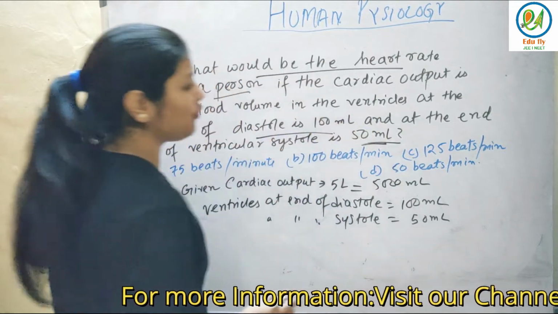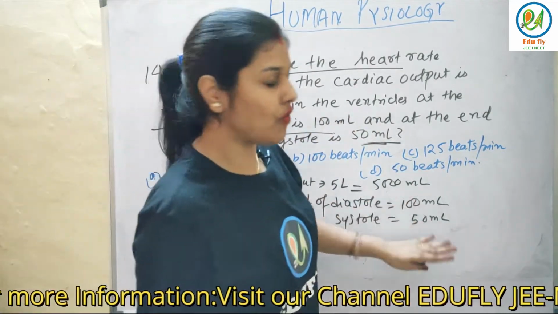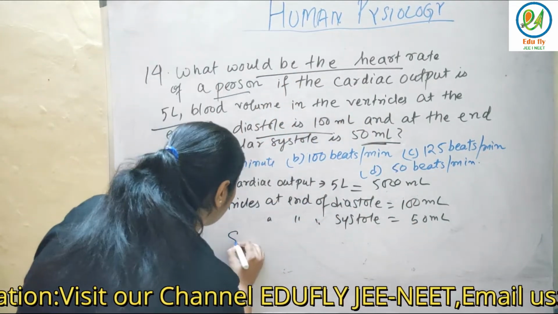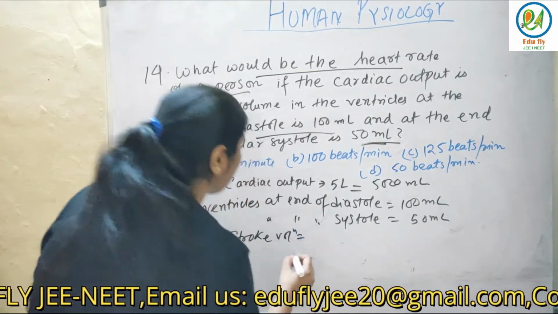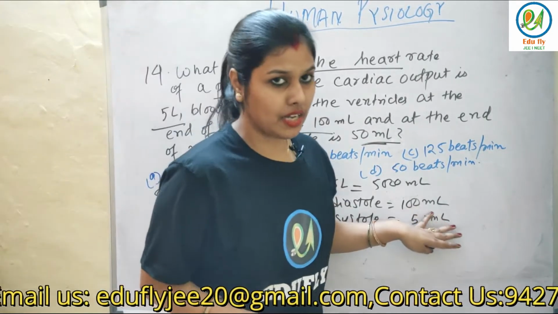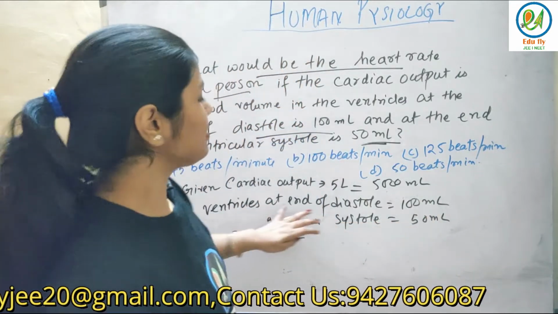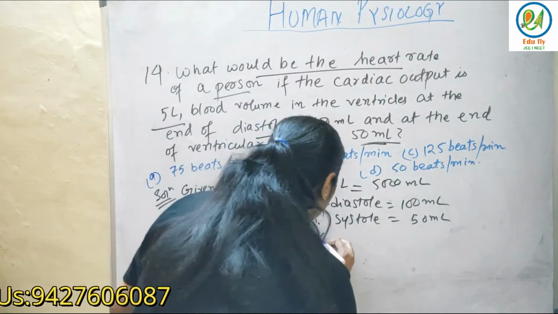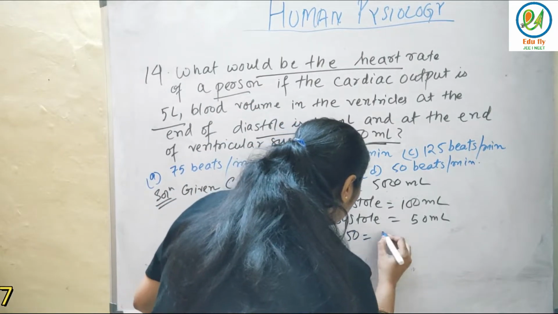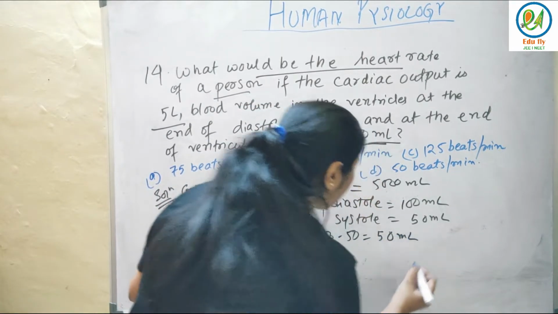First you have to calculate the stroke volume. I'll tell you why I am calculating stroke volume. Stroke volume will be 100 minus 50, that is ventricular volume at the end of diastole minus ventricular volume at the end of systole, total will be 50 ml.